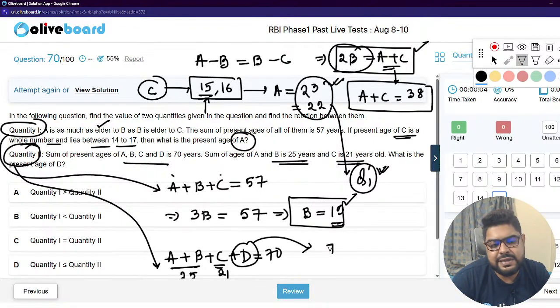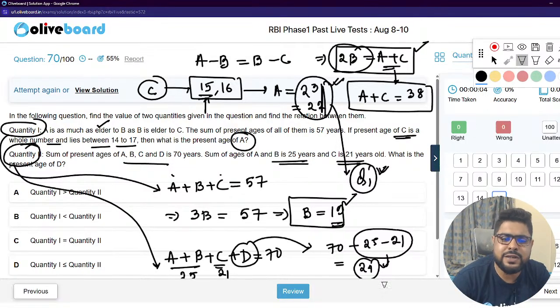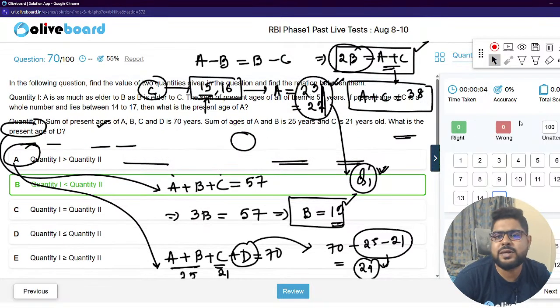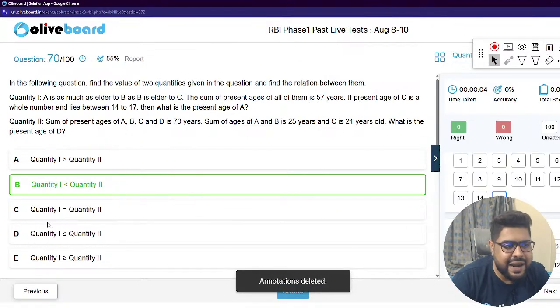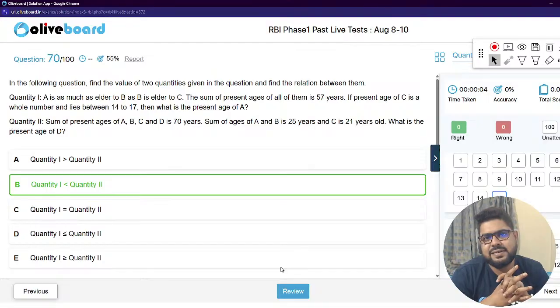So D will be 70 minus 25 minus 21. 25 and 21 is 46. 46, meaning 24. So whatever it is, quantity 2 is greater than both the possibilities of quantity 1. So you will say without a shadow of a doubt quantity 2 is greater than quantity 1. And that is done. That is your answer to the last question.